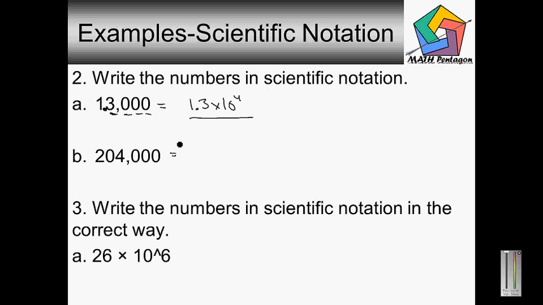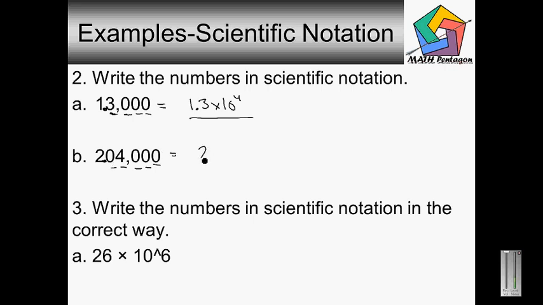Okay, right here we have 204,000, and we want to write in scientific notation. So we have 1, 2, 3, 4, 5. We have 5 places. And we put a decimal point right here between the 0 and the 2.